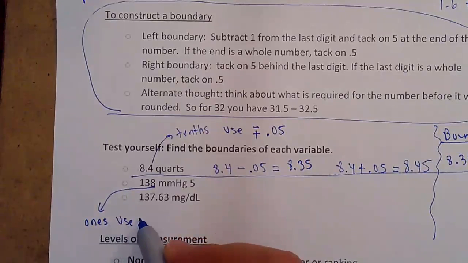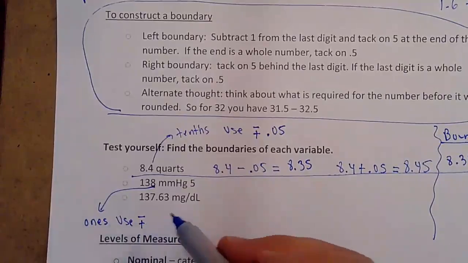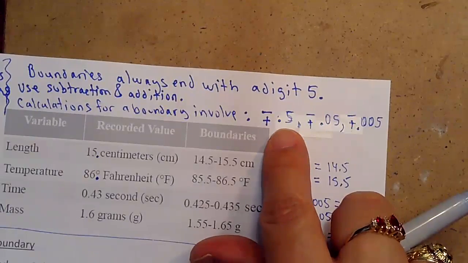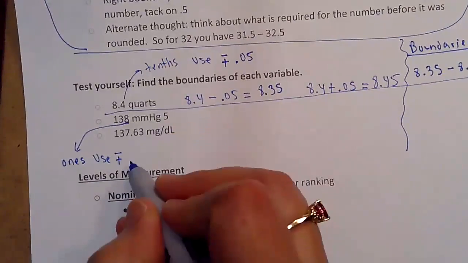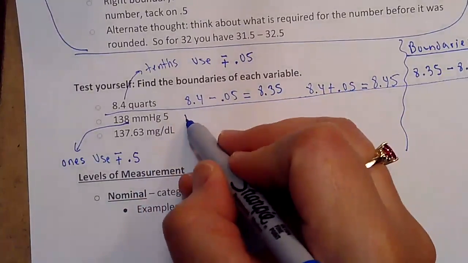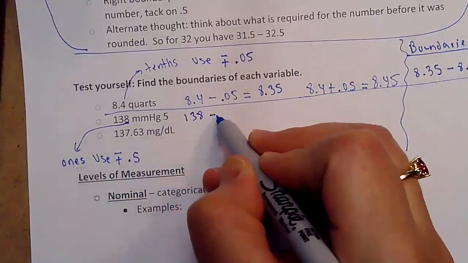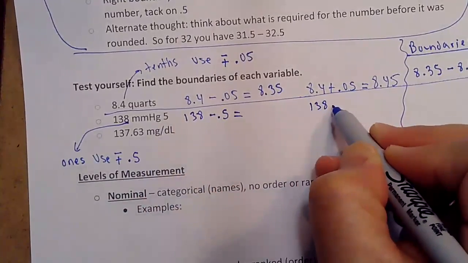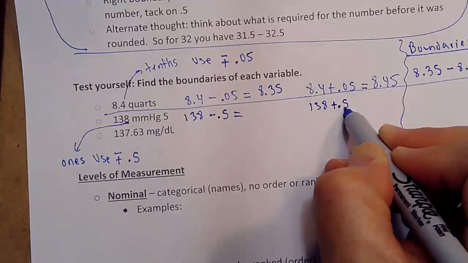So we want to subtract and add. The ones place is followed by the tenths place, so you want to use minus and plus 0.5. So this is 138 minus 0.5, and 138 plus 0.5.